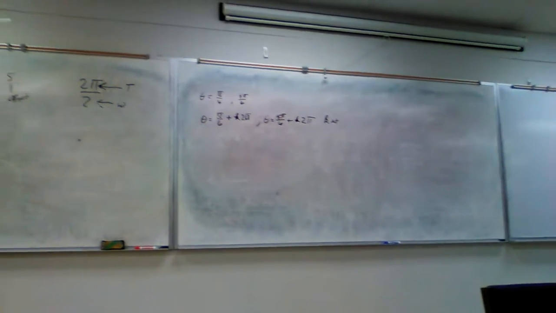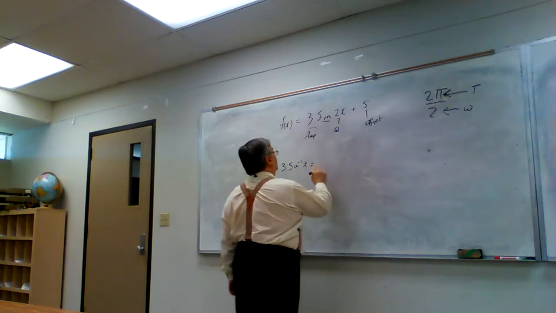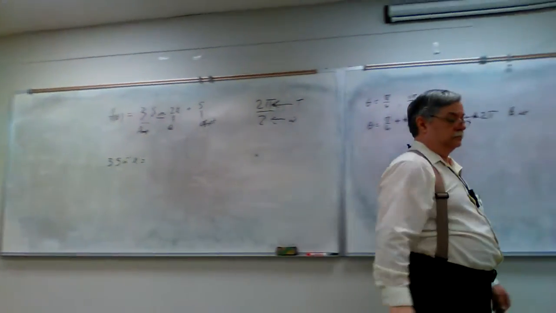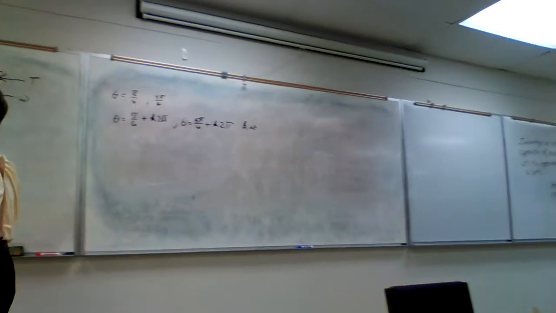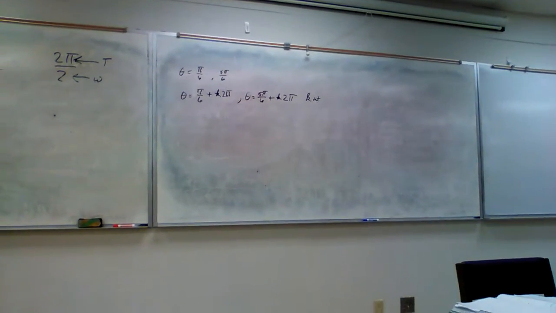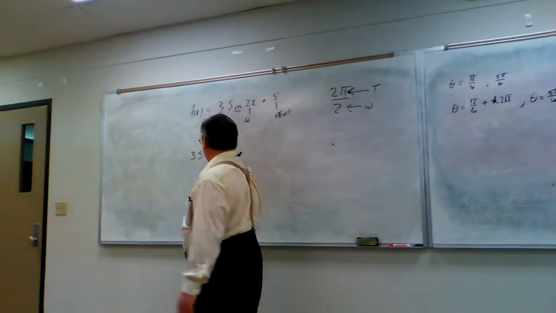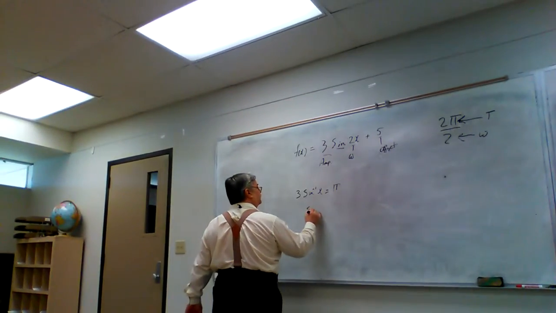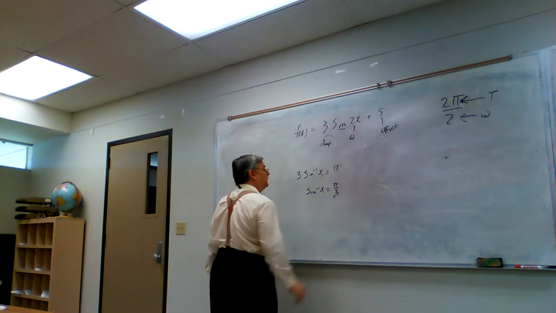Three times the inverse sine of x equals pi. Solving this algebraically, you divide both sides by 3, you end up with the inverse sine of x is equal to pi over 3.